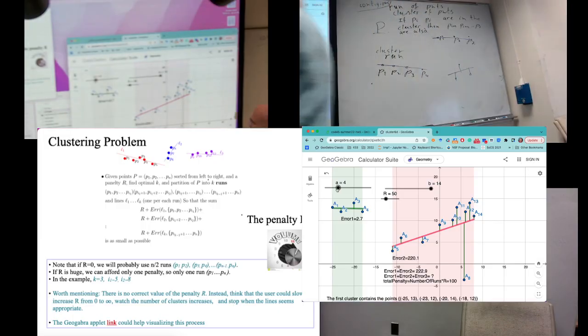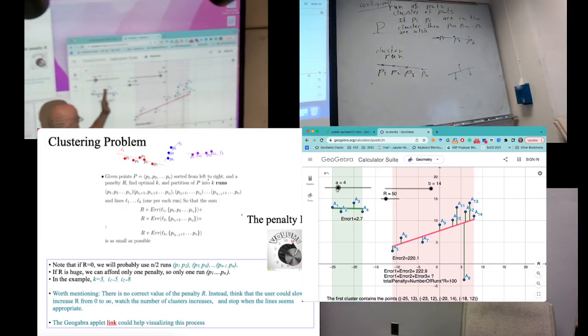If I take A to be 4 instead of A to be 2, then the error from the first cluster is 2.7. The error from the second cluster is 220. When I sum these two numbers, it's about 223, which is better than the error that I had before when only A1 and A2 were in the first cluster.